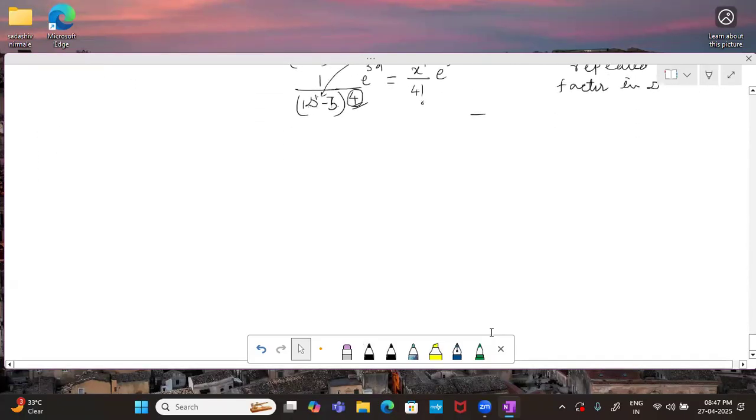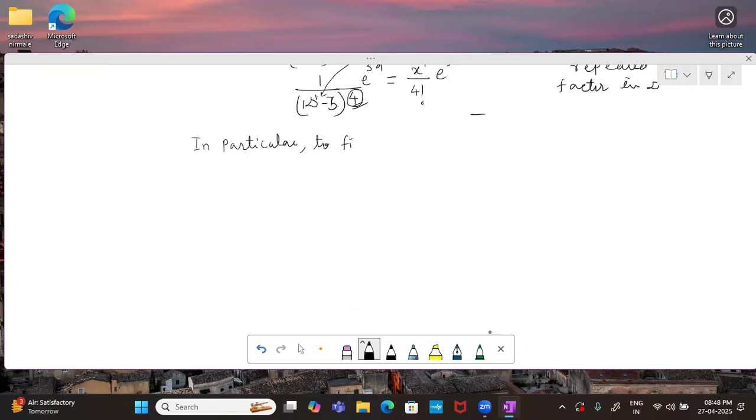Now, in particular, to find the PI of the exponential function a raised to x, not e raised to x.